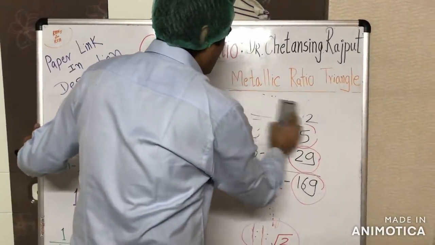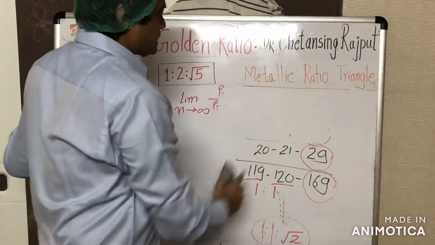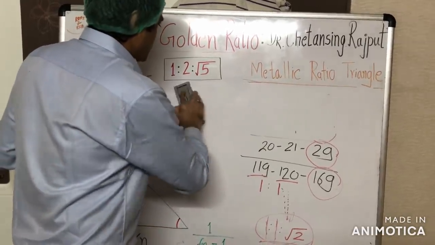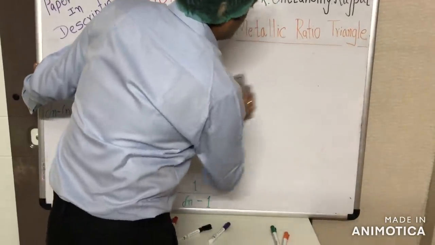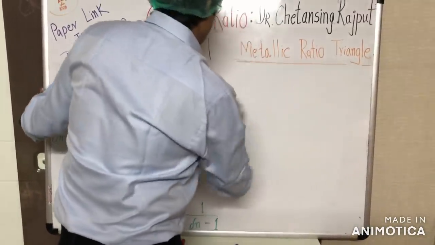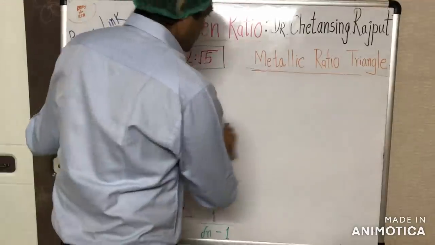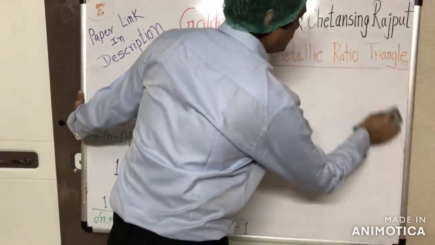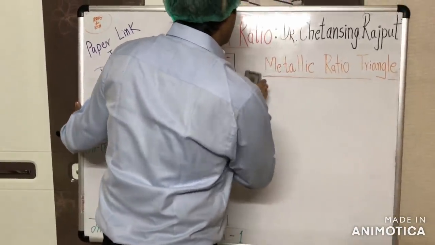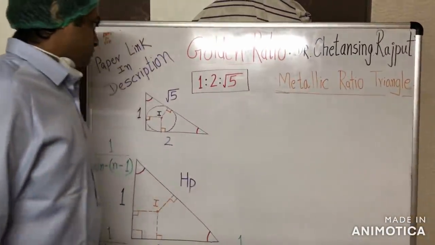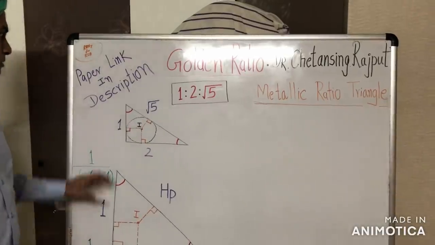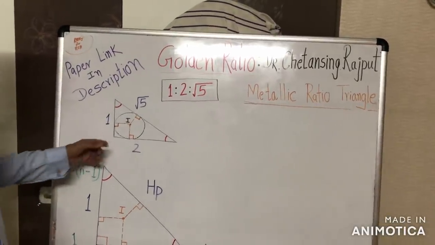Now, let us see how the generalized metallic ratio triangle can express the value of that particular metallic mean in specific ways. Every geometric aspect of this metallic ratio triangle can be generalized, just like the golden ratio triangle, as I have shown here.